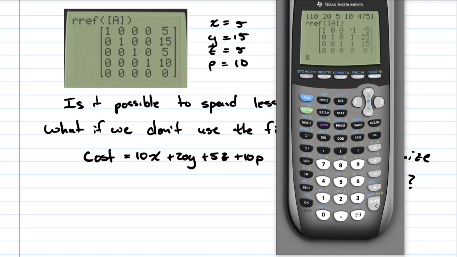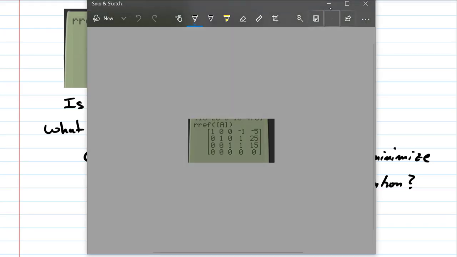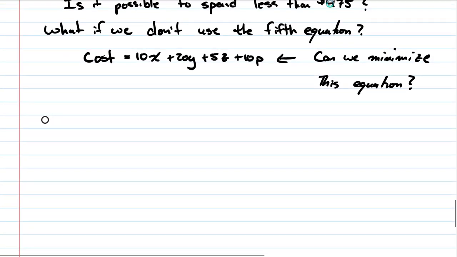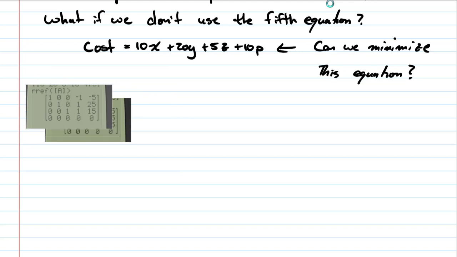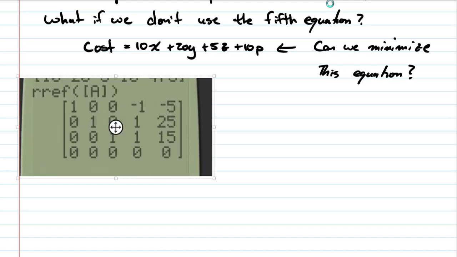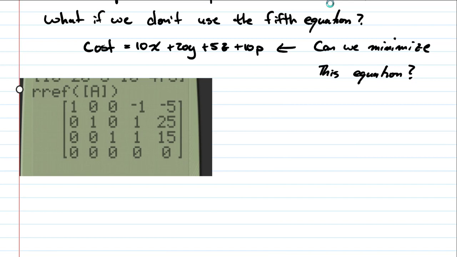So if we RREF our new matrix A, we're going to end up with the following solution. So this time, we'll notice we don't have ones on the main diagonal. So our first equation is x minus p has to be -5.